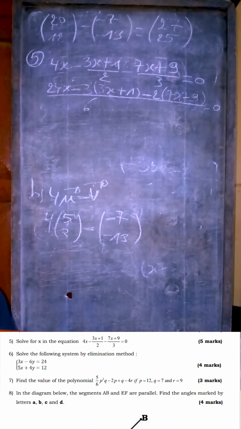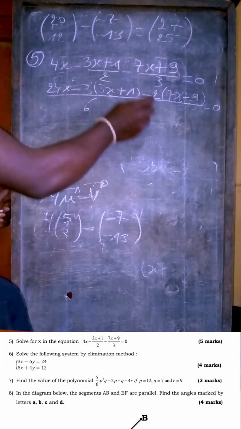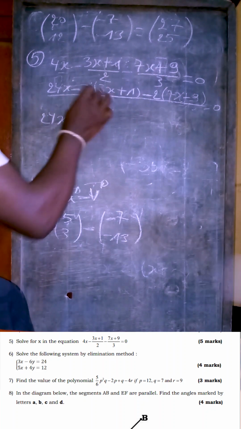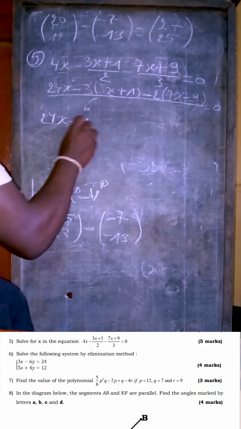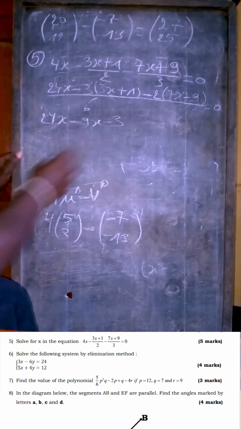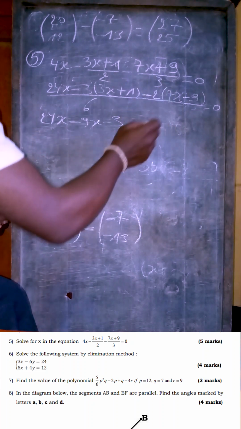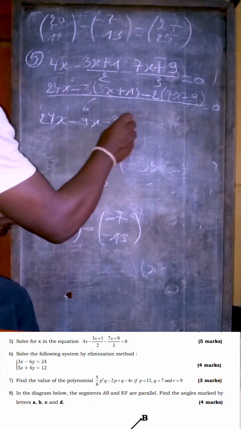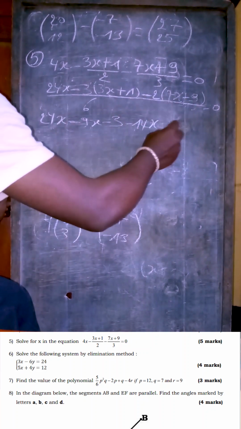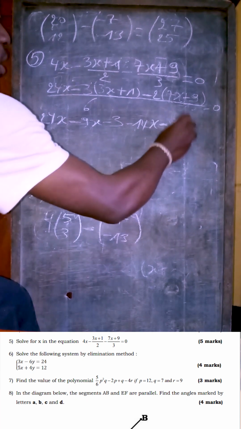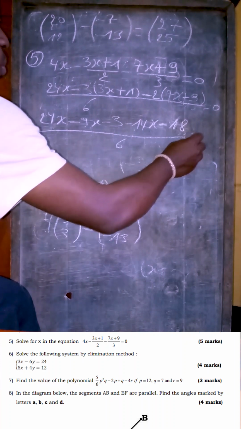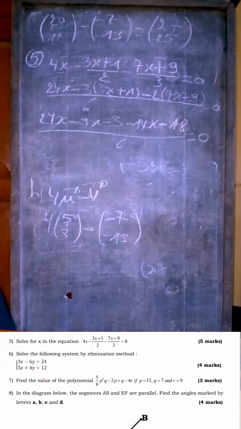Let us continue. We are going to multiply this inside and this also inside. It will be 24x minus 3 times 3x, which is minus 9x, minus 3 times 1, which is minus 3 only, and then minus 2 times 7x is minus 14x, minus 2 times 9 is minus 18, all over 6, which is equal to 0.